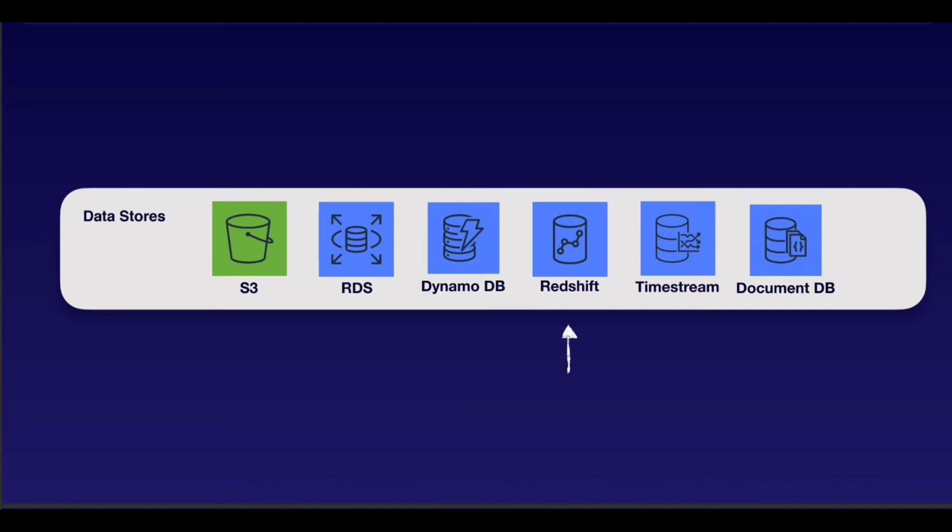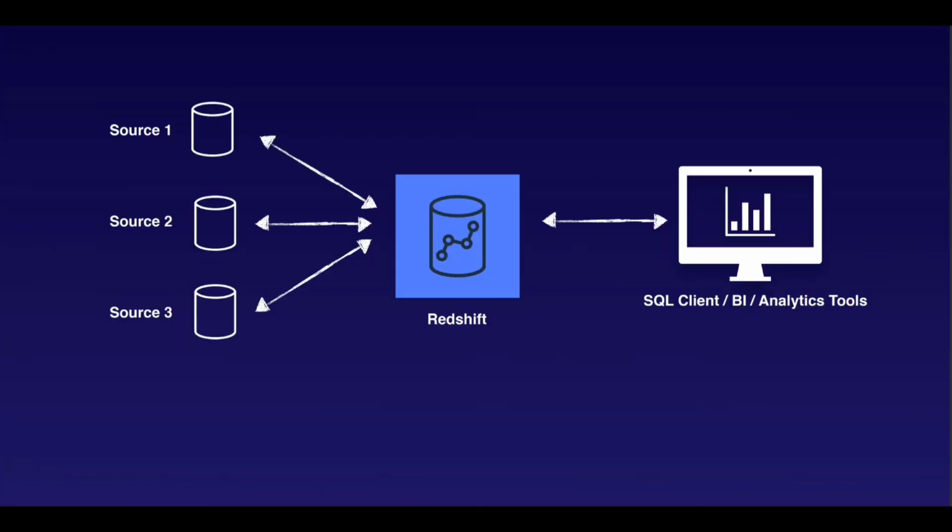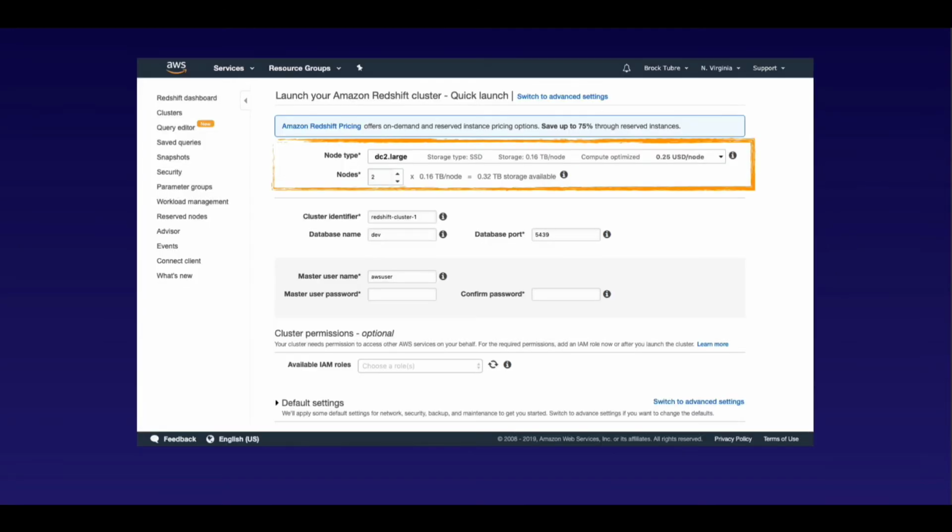And once your data is in Redshift, you can use SQL client tools or business intelligence tools or other analytics tools to query that data and find out important information about your data warehouse. And within the console, you can launch your Amazon Redshift cluster, select the number of nodes that you want, their storage size, and other parameters to create your data warehousing solution.